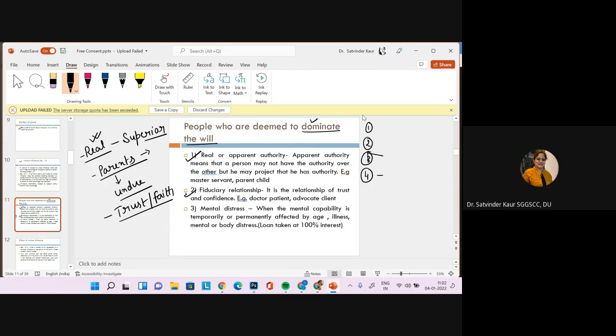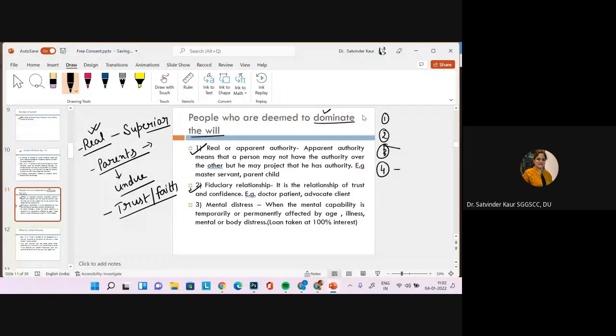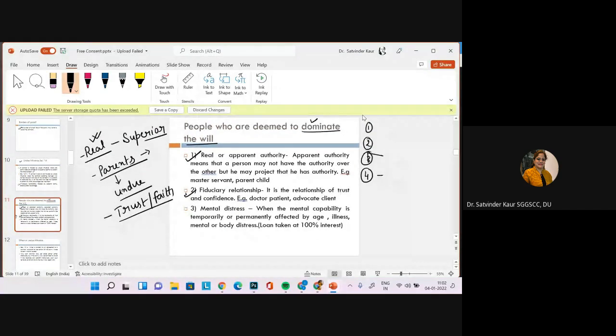So in that case, if the other party is dominating the will and using it for availing an unfair advantage, then it will come under undue influence. But definitely, wherever there is a fiduciary relationship, the person is in a position to dominate the will of the other. So, for example, you visit the doctor and you tell your problem. So the doctor is going to guide you or suggest certain kinds of medicines.